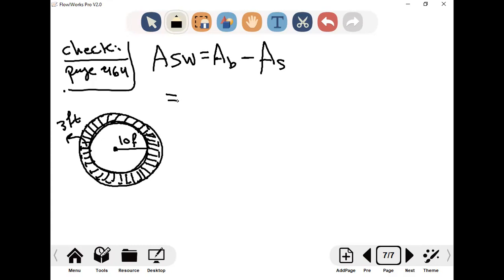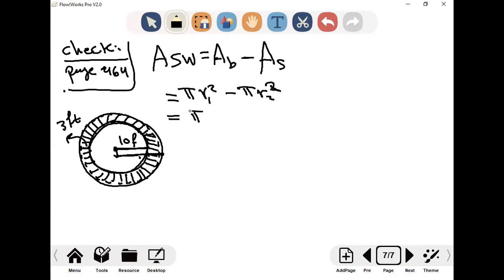If this is 10 feet, how much is the radius of the big circle? 13, because it's 10 and then 3 more. So this is equal pi r1 power 2 minus pi r2 power 2.